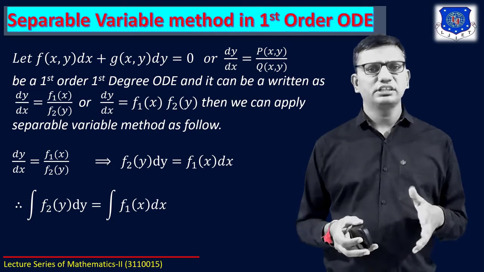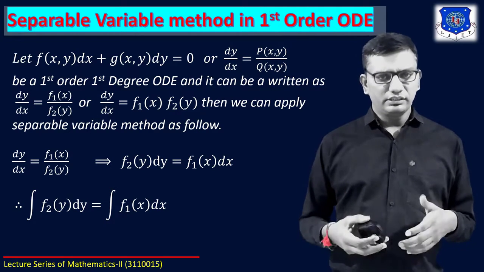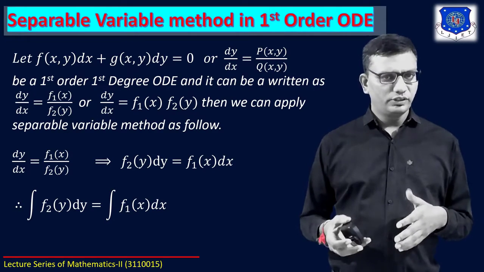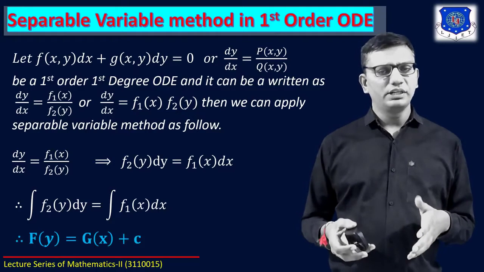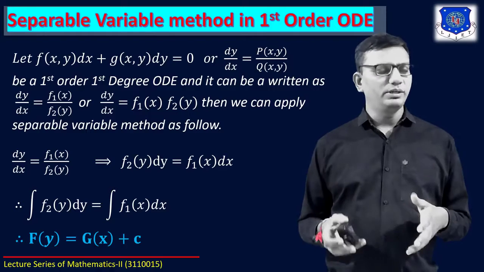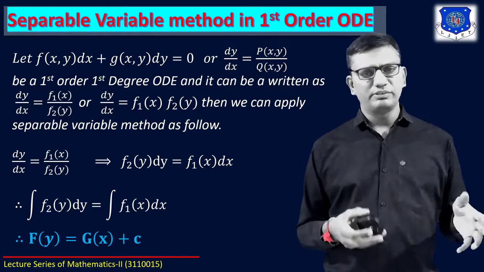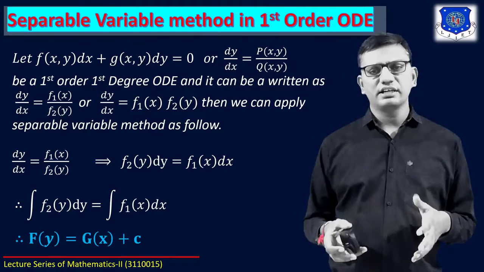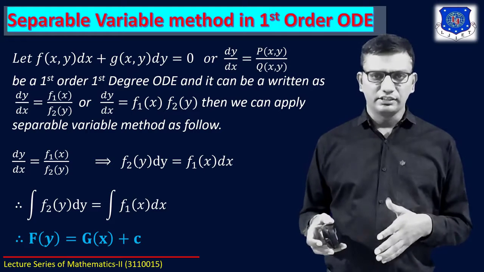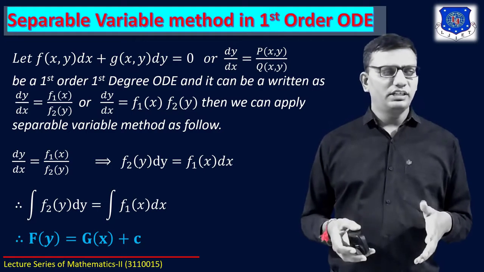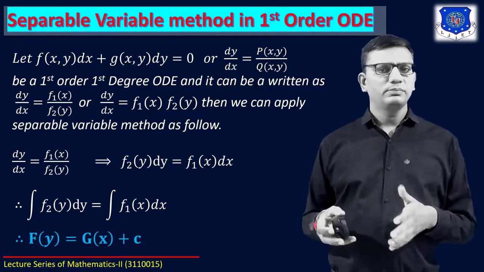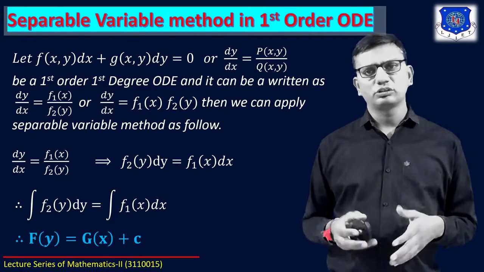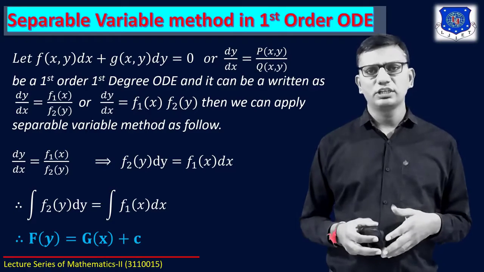After integrating the functions, we get capital F(y) equal to capital G(x) plus c. Here capital F(y) is the integration of the left hand side and capital G(x) is the integration of the right hand side. So finally capital F(y) equal to capital G(x) plus c is the general solution of our differential equation.